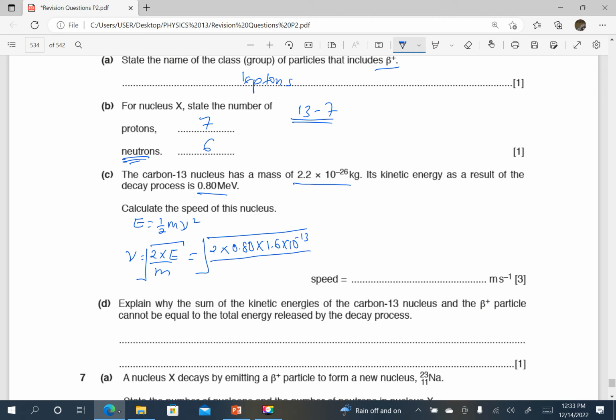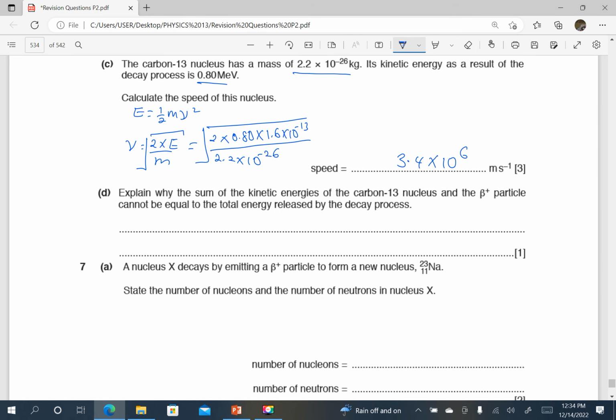The mass has been given as 2.2 times 10 power negative 26 kilograms. So I press my calculator. From my calculator, this is 3.4 times 10 power 6.